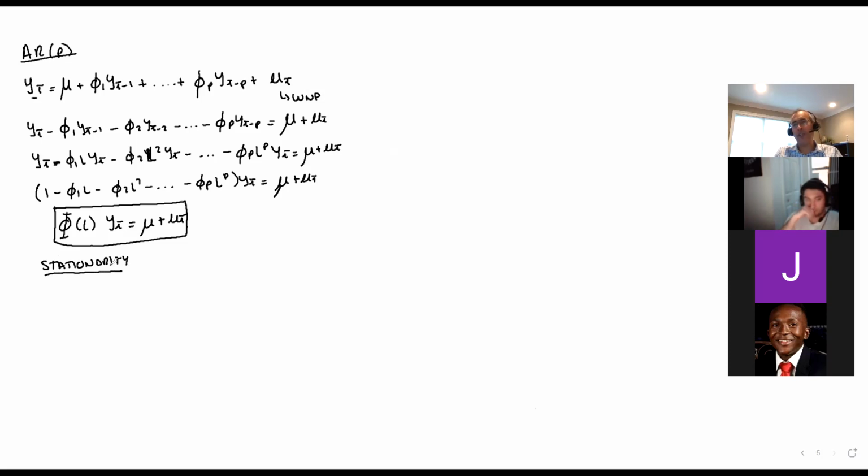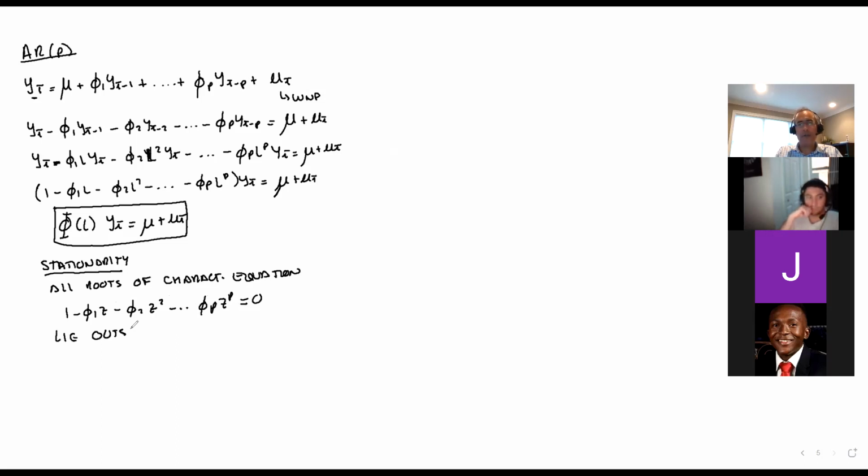The stationarity condition requires that all the roots of the characteristic equation, which is 1 minus psi 1 c minus psi 2 c squared minus psi p c to the p equals 0, that all the values that satisfy this condition lie outside the unit circle.